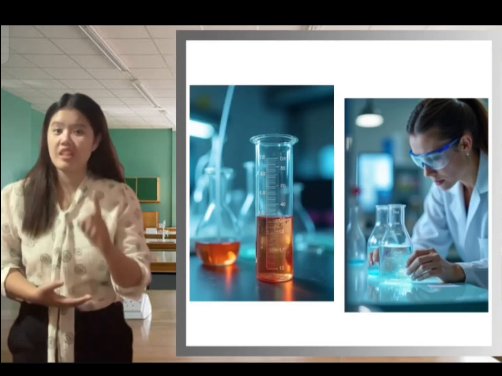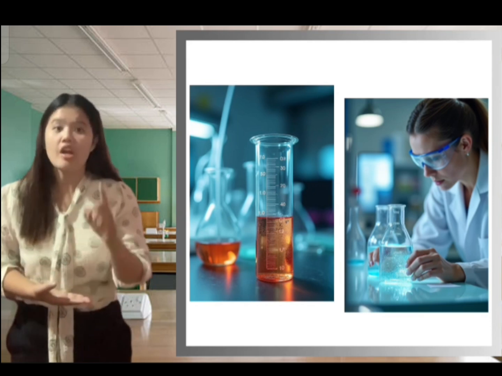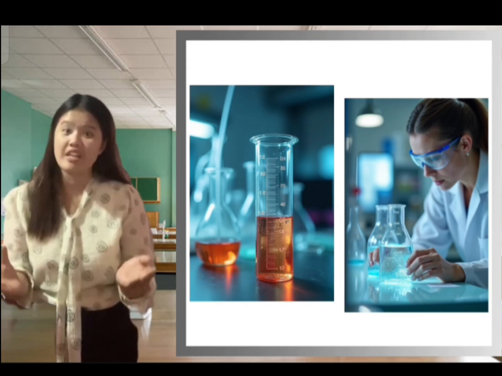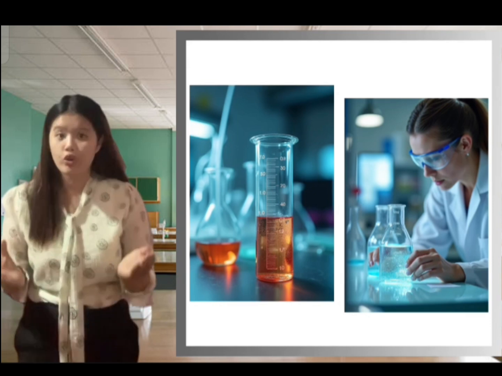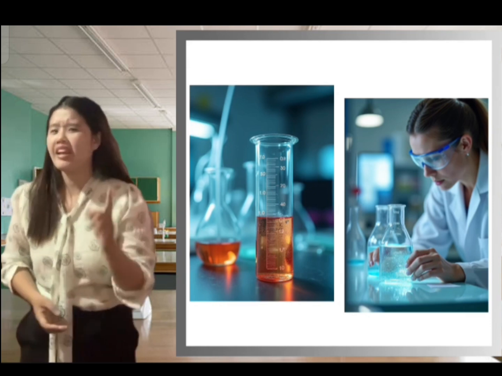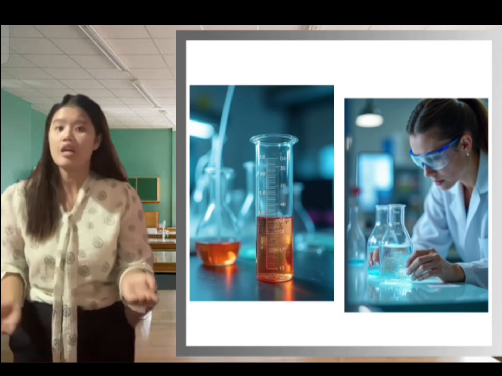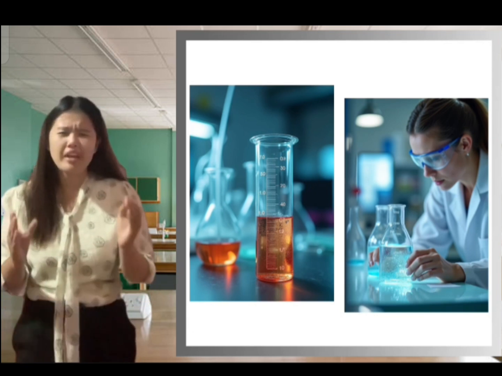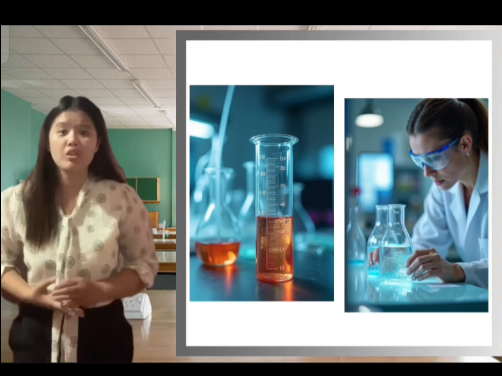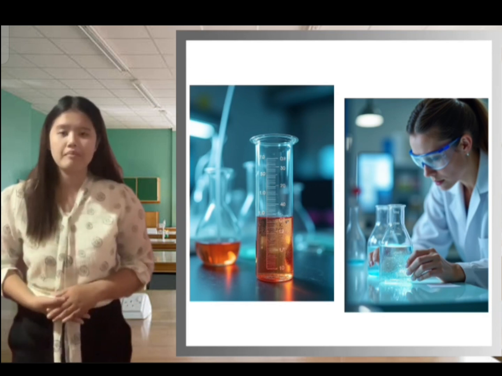One of the common techniques used in optimization is called response surfaces. This is a fancy way of saying we create a graph or model that helps us understand how different factors like temperature or chemical amounts affect our results. By analyzing this data, we can figure out the optimal conditions for our experiment.